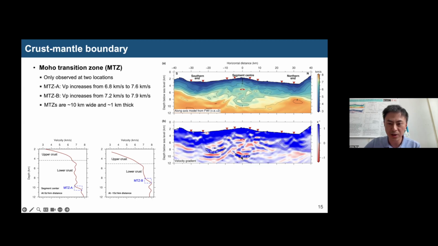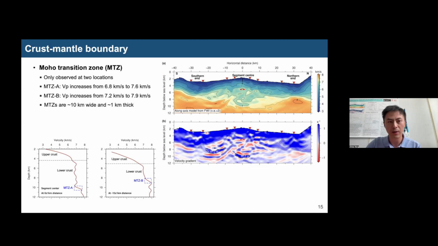For Moho transition zone A, the velocity increased from 6.8 to 7.6 kilometers per second. And at transition zone B, the velocity increased from 7.2 to 7.9 kilometers per second, typical from crustal velocity to mantle velocity. Both transition zones are about 10 kilometers wide and 1 kilometer thick. But at other locations, we don't have this kind of structure.